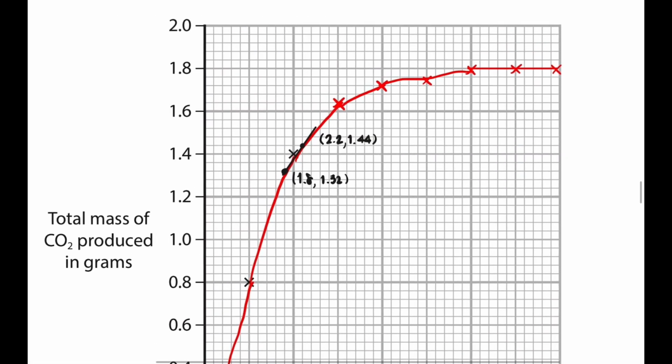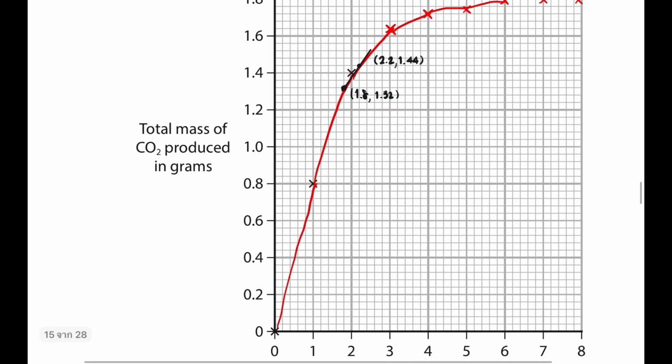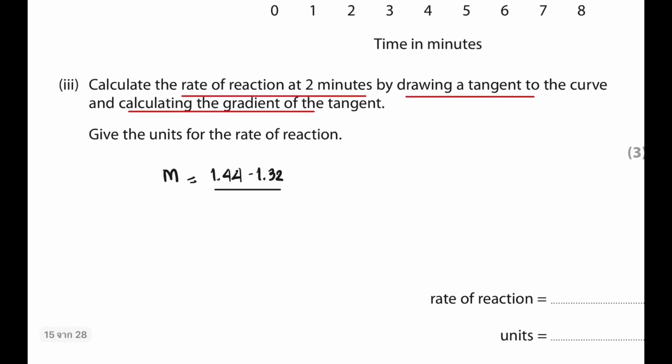So the gradient will be 1.44 minus 1.32 divided by 2.2 minus 1.8.